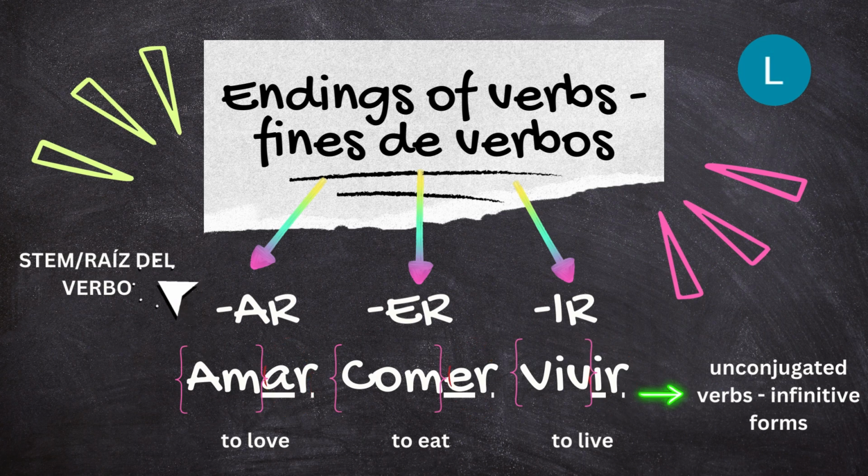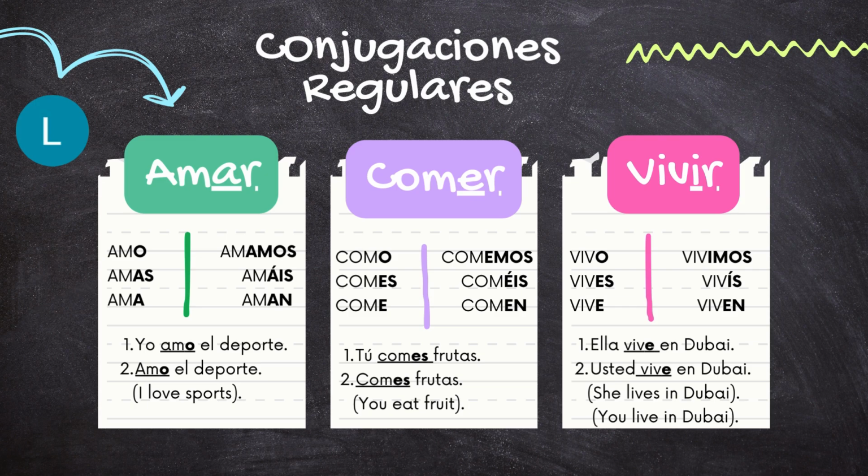And whenever you see a verb in its unconjugated form, we call that an unconjugated verb form, or also we can say infinitive form. So therefore, amar, comer, and vivir are not conjugated on this slide, so we are going to say these are infinitive verbs, verbos infinitivos.